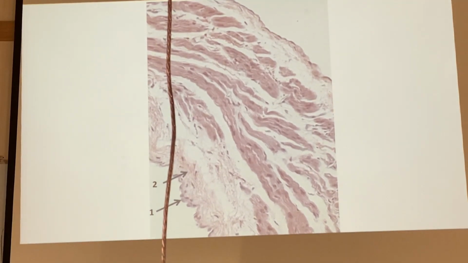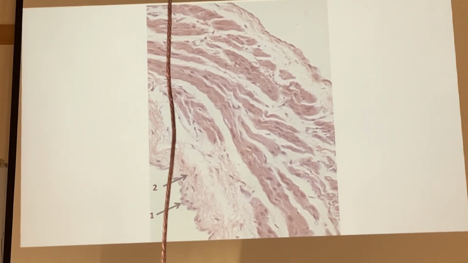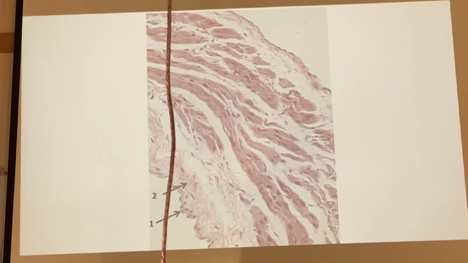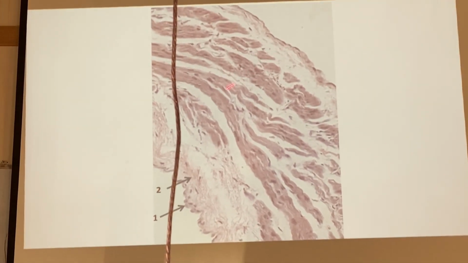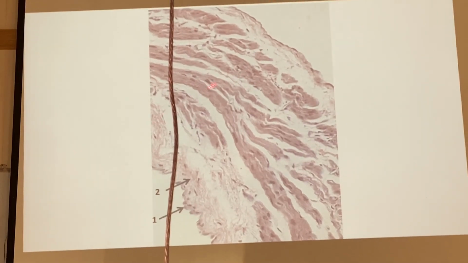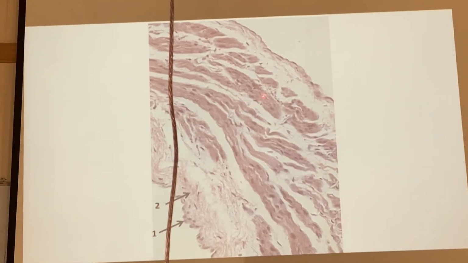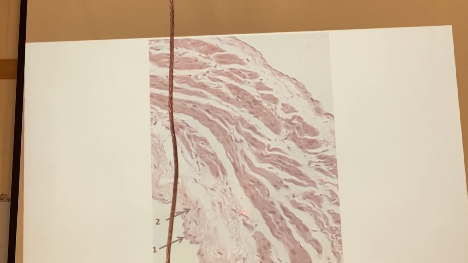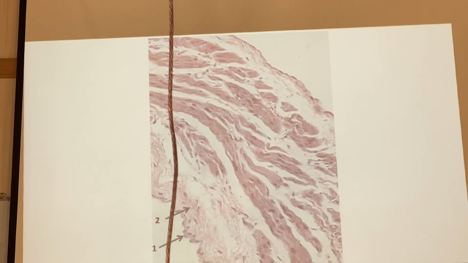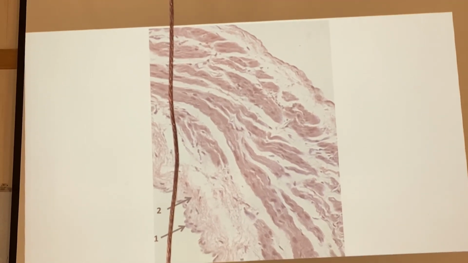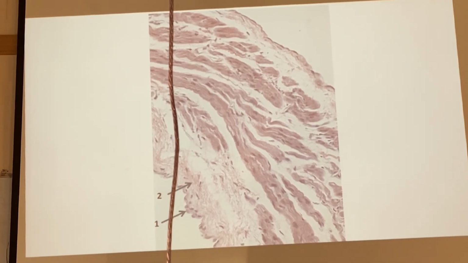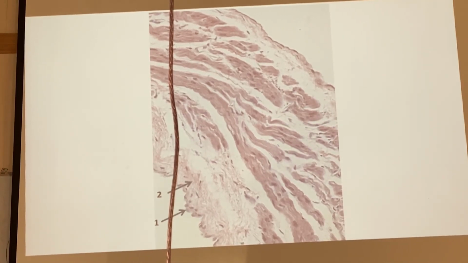Is there any lighter cell in the Purkinje fibers? Another cell. Connective tissue. Can you see any Purkinje fibers in this section?